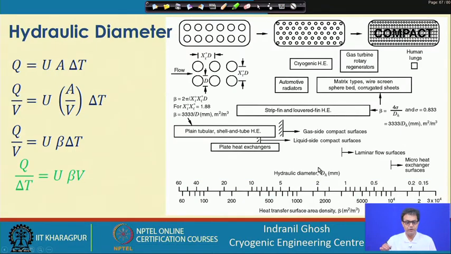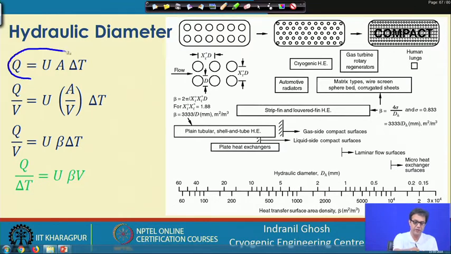So, if we now look at the hydraulic diameter point of view, or if we look into the basic heat transfer equation, we find that the heat transfer is basically related to the overall heat transfer coefficient and the delta T, and this delta T LM is basically the log mean temperature difference.